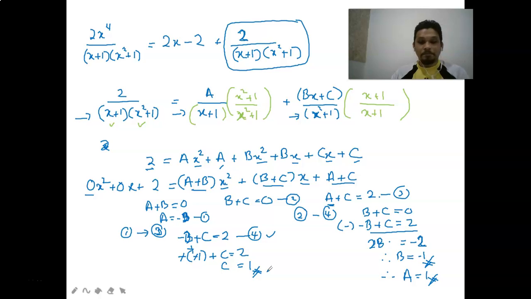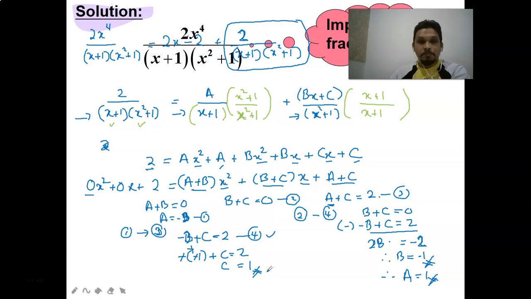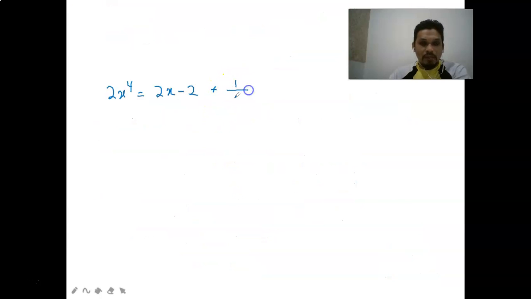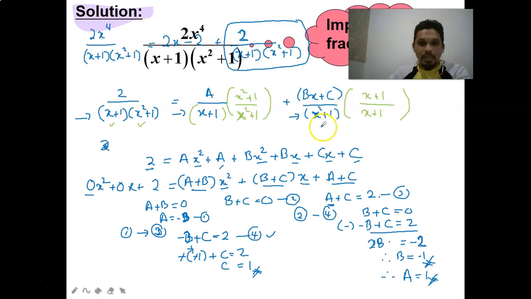Okay, so now simplify this. 2x to the power of 4, we got 2x minus 2 plus a, where a equal to 1, divided by x plus 1, and then x squared plus 1 with bx plus c.